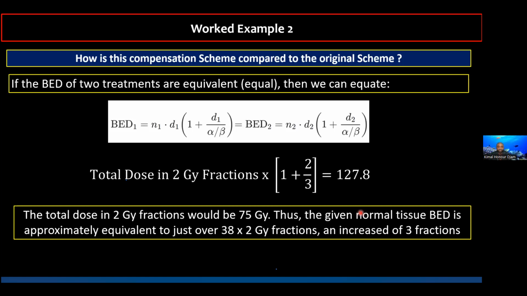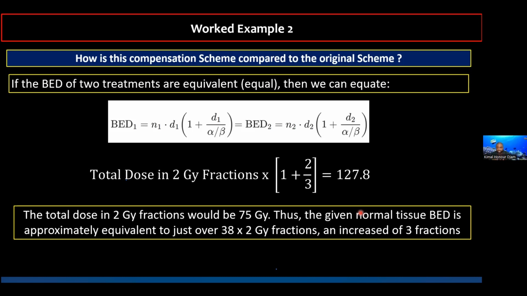If this is considered to be excessive, then it is possible to split the difference. In other words, it is possible to achieve a tumor biological effective dose, BED 10, which is a little less than the prescribed dose, while accepting a slight increase in the normal tissue BED.